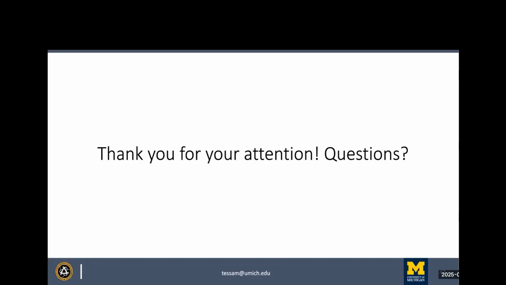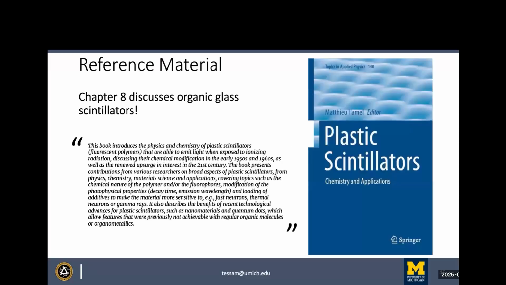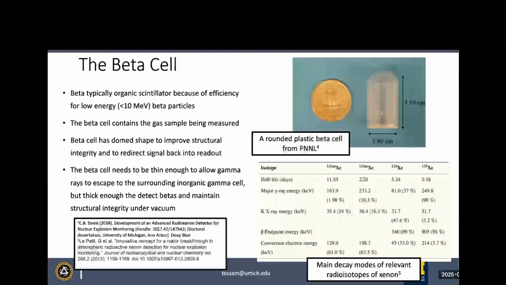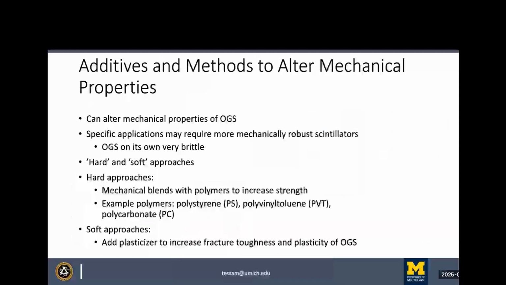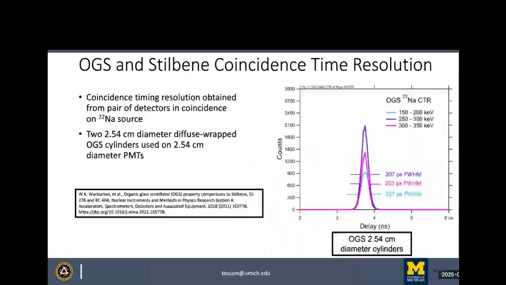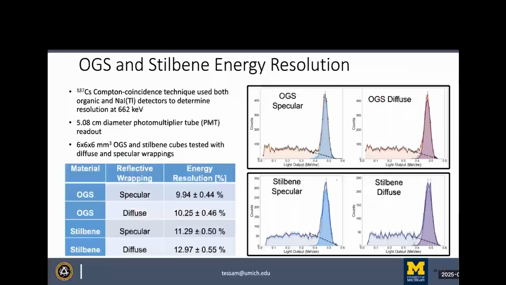And then you were mentioning when you wrapped your scintillators with tape, you saw a difference between specular and diffuse reflection. Could you explain a little bit why you see that? Here it is. So the specular reflector, I suspect, is more efficient.